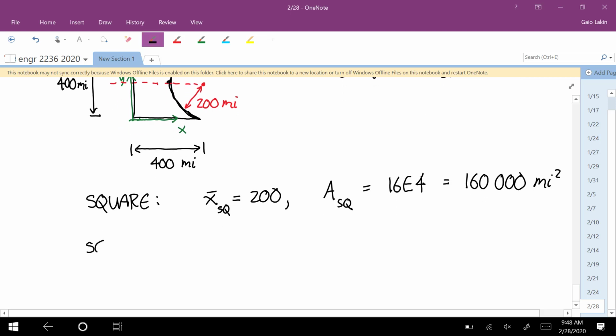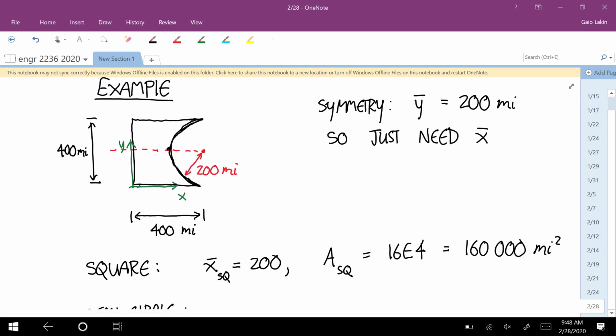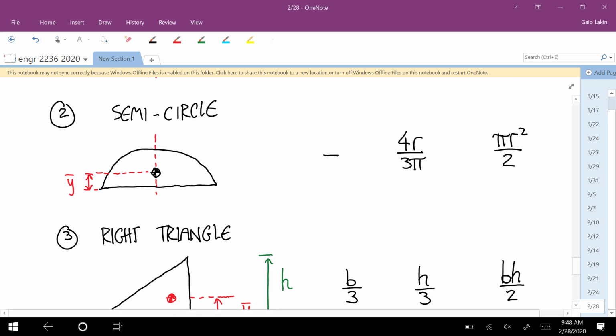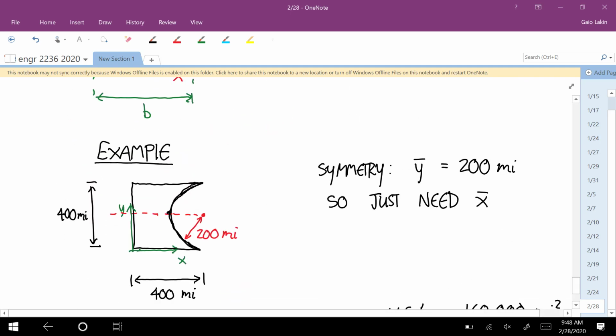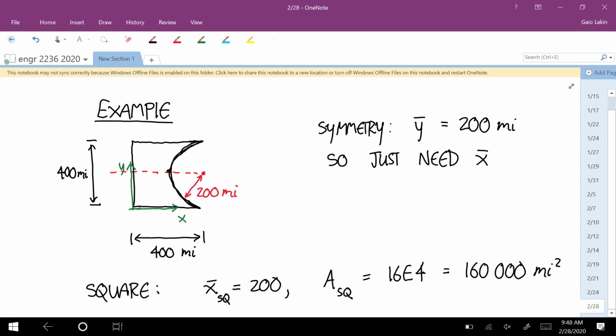Now for the semicircle, we can use the formula for the semicircle. And notice that the semicircle that we have is flipped sideways. And what's given is the distance from the flat side, the cutoff side, to the centroid. So what this formula 4r over 3 pi gives us is the distance from here into the centroid of that thing.